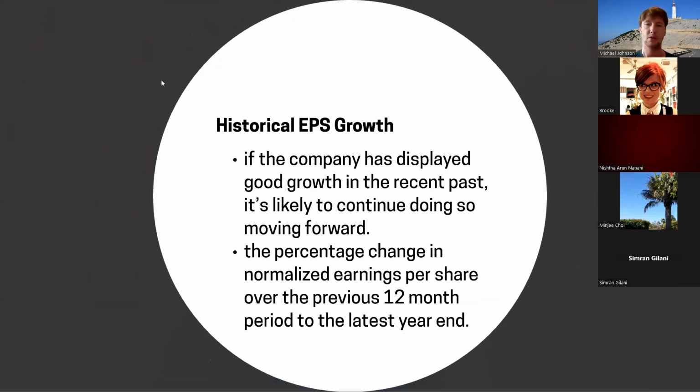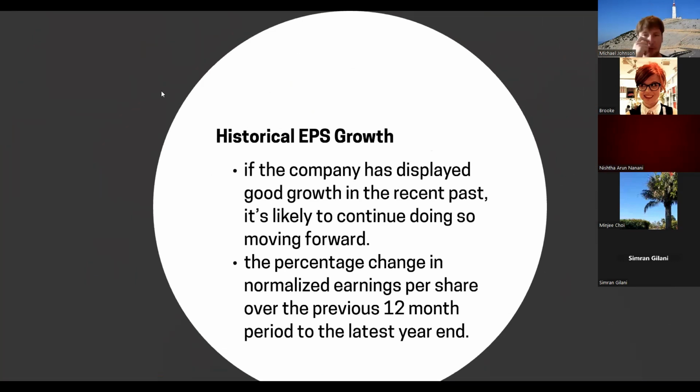So like we said before, if a company has a P/E ratio of, let's say, 40, their historical EPS growth should be 40% per year to justify the price. So that's what you'd have to look at here.